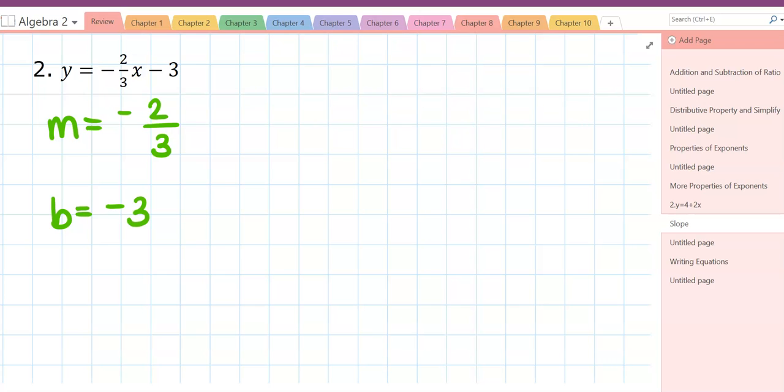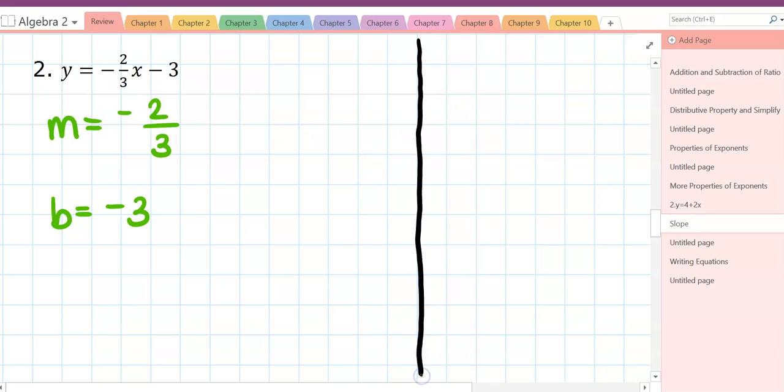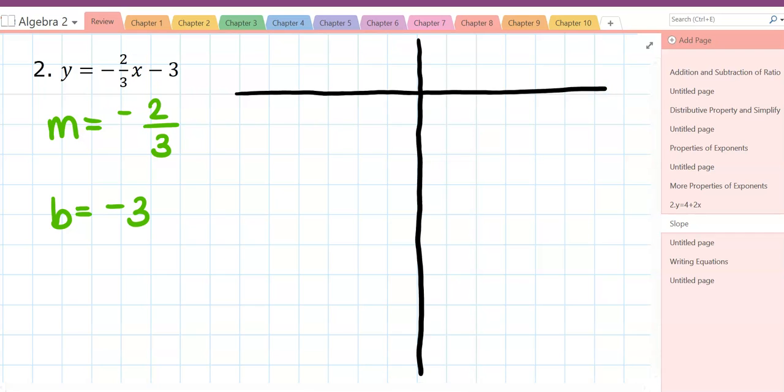All right, so for my graph, my b is negative 3. So from 0, 0, which direction do I go for negative 3? Do I go up 3 or down 3? Good, down. 1, 2, 3. Okay, slope is negative 2 over 3.